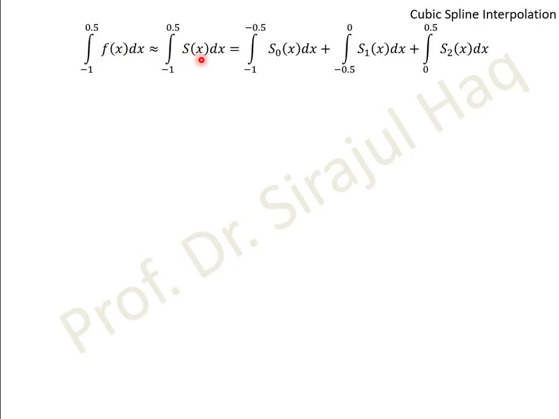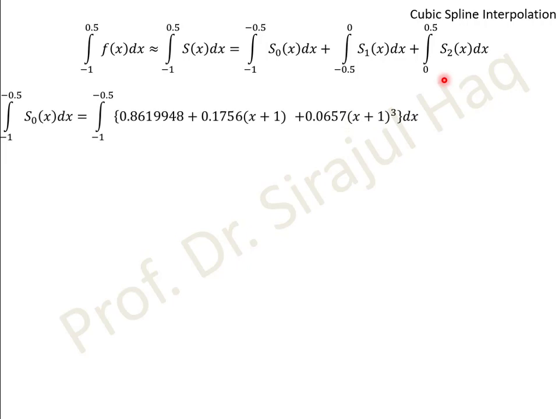But remember, there were 3 splines. S0 defined between -1 and -0.5, S1 between -0.5 and 0, and S2 between 0 and 0.5. And that's the reason I used the property of integration and split them accordingly.